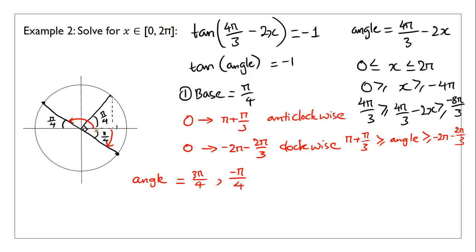And then I can take this angle, which is going to be negative 5 pi on 4. Okay, and then I can take this angle. Sorry, I'm going to use a different color so you can see.